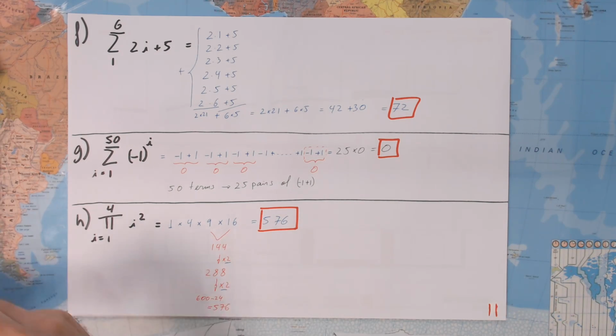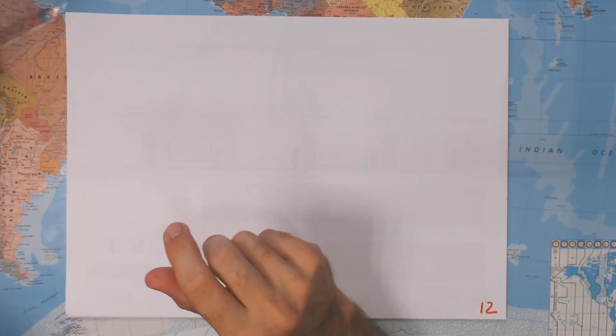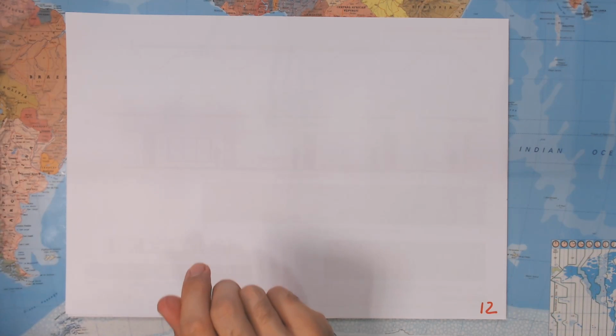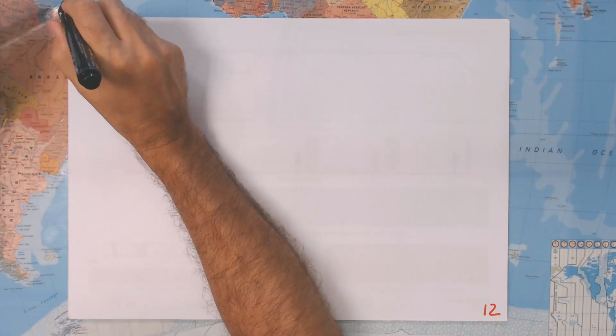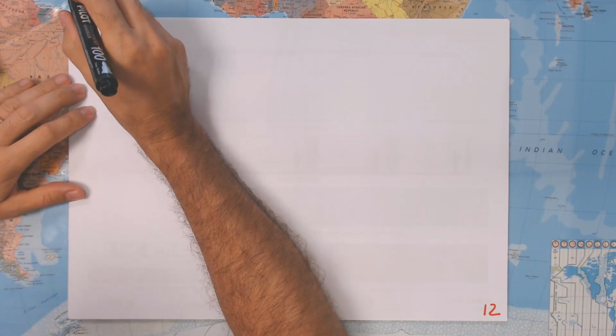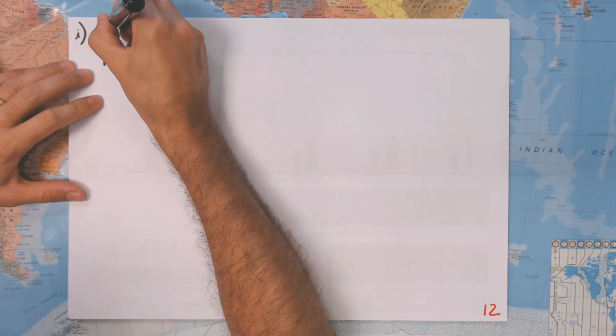Now we're going to the last exercise of this series, and this is going to be page 12. Now let's start at F, G, H. Now it's I. This is the last one. Now this one is going to be the summation of 3j minus 5, from 1 to 8.